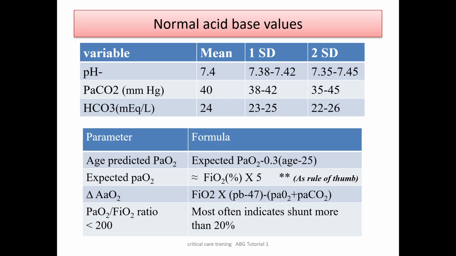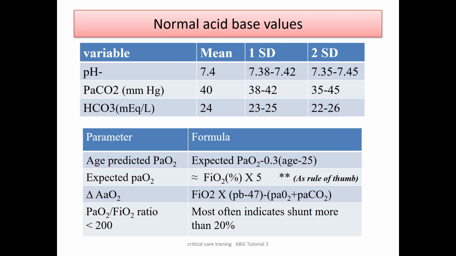Now coming to oxygenation, the PO2 is an important component in ARDS, pneumonia, most of the respiratory failure we see, and we can calculate the age-predicted PO2. With increasing age, the expected PO2 can be calculated from the FiO2.